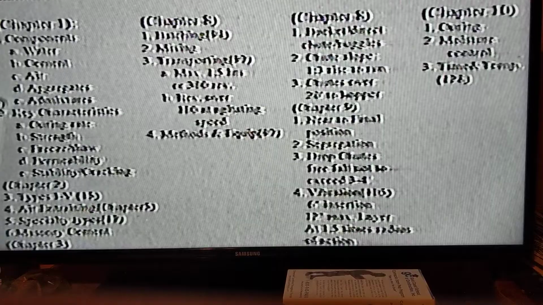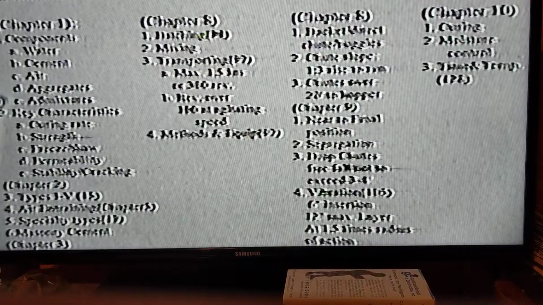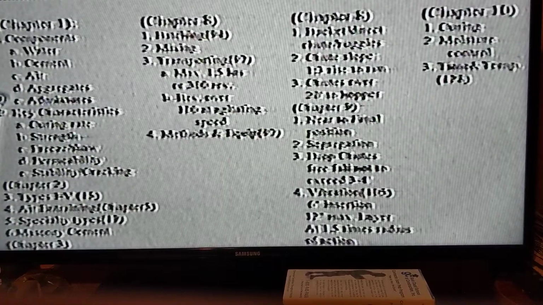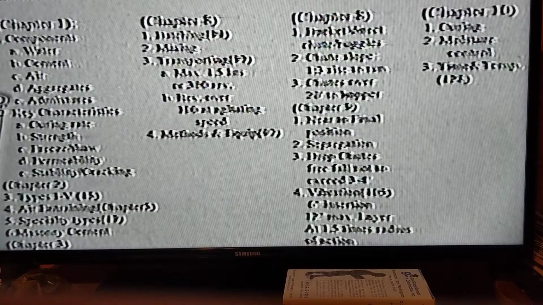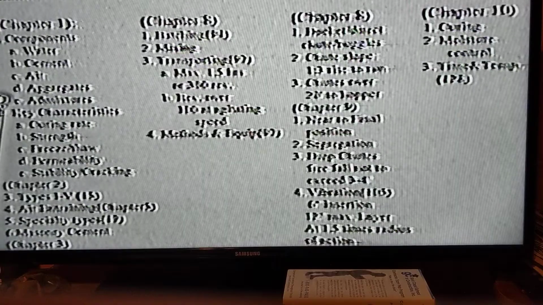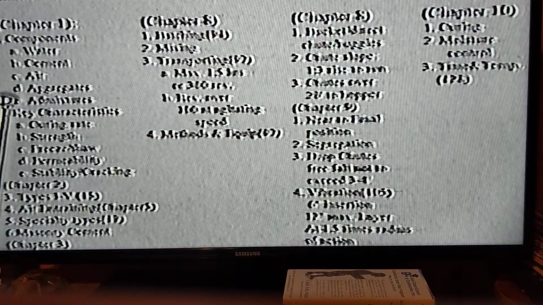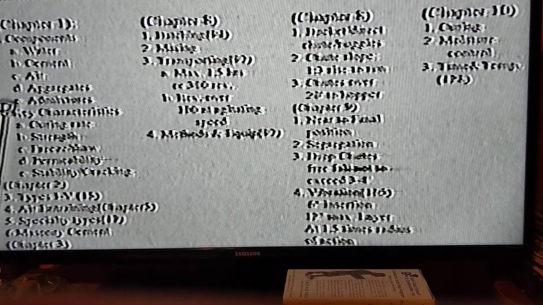Aggregates are subdivided into big rocks and little rocks. The significance of the aggregates has to do with the surface area of the stones. If you had a big boulder and you measured its surface area, and then you broke it into little pebbles and measured all of their surface areas, which would have the greater surface area? All the little pebbles. Therefore, there would be more to stick to, and therefore, the smaller the rocks, everything else being equal, the stronger the mix.